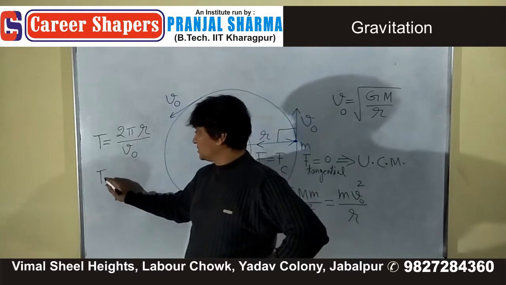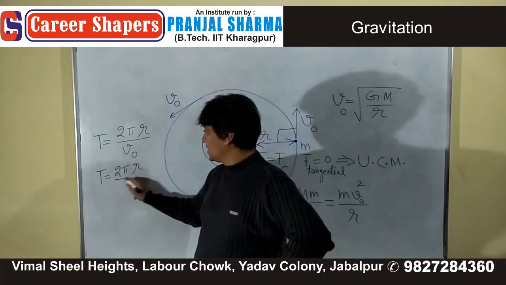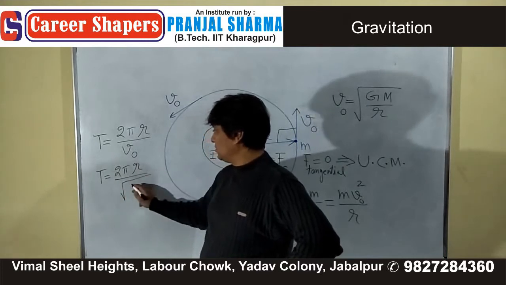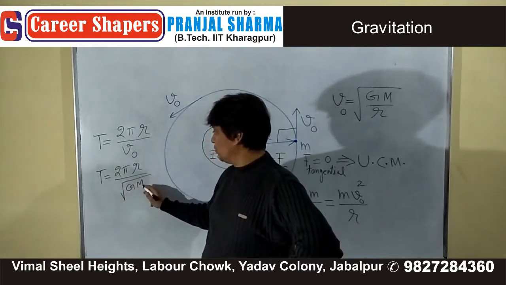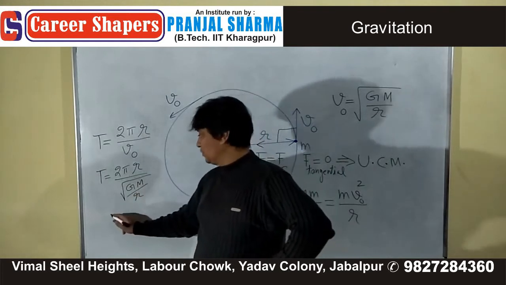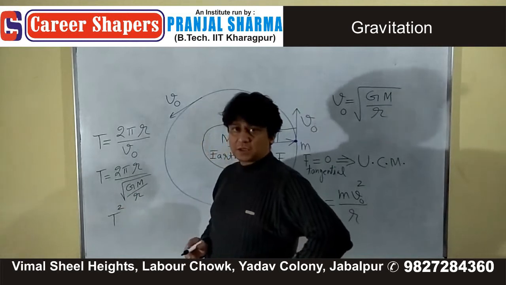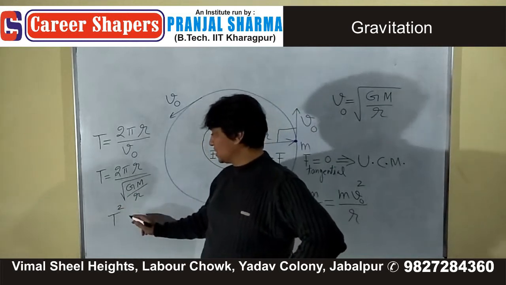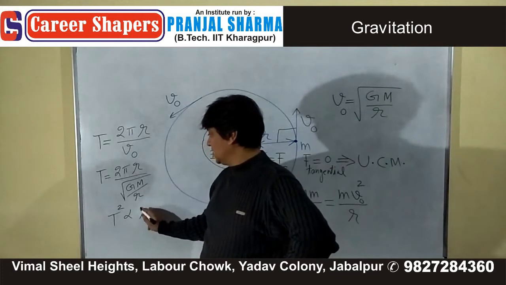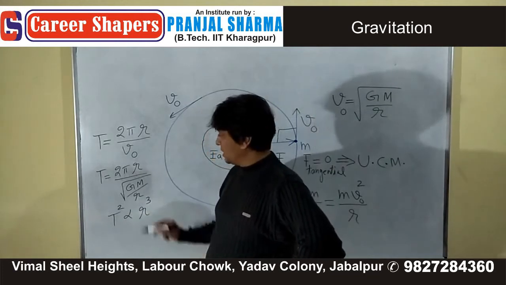This gives us 2 pi r divided by V, which is root over GM by r. Now, if you square on both sides and cancel the constant terms, you can see that T square is proportional to r cube.